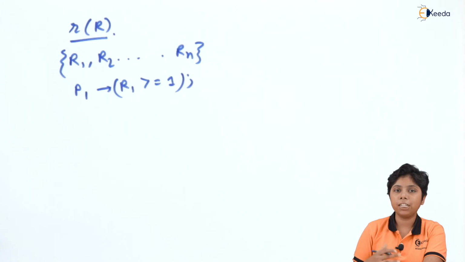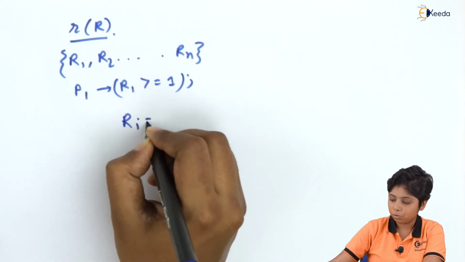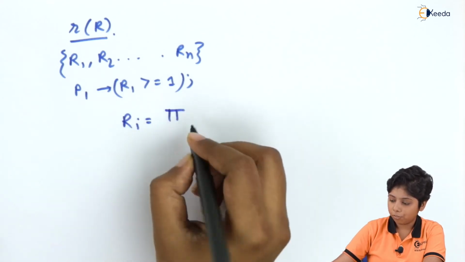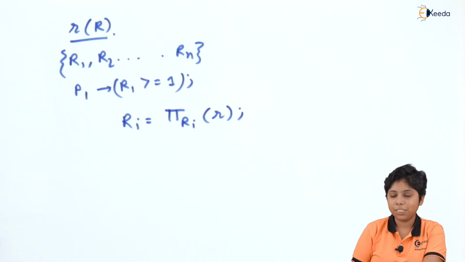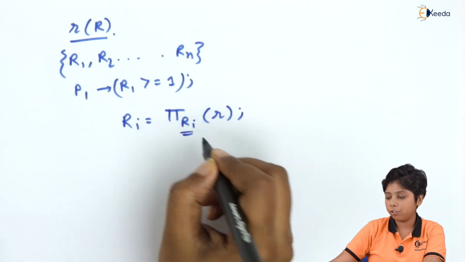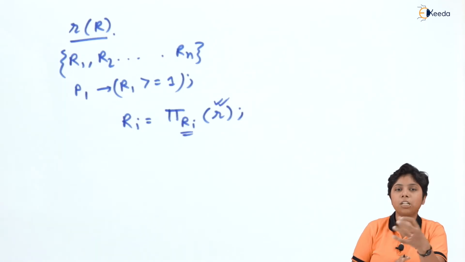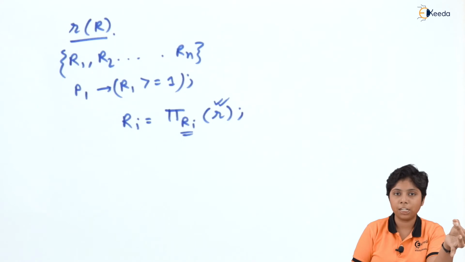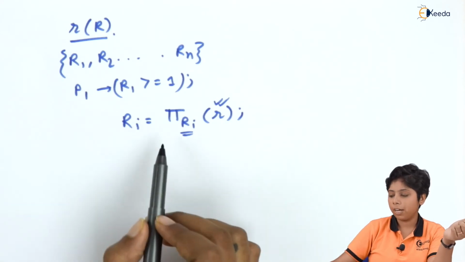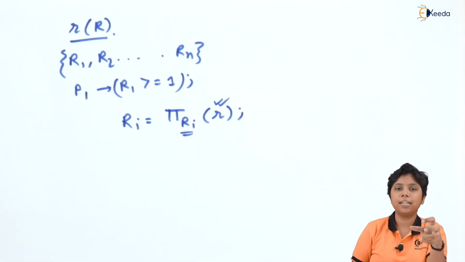Inside the vertical fragmentation we can have the general rule that is defined as Ri equals projection of Ri on R. That means we are projecting the particular attributes on this relation. So we can have a combination of selection and projection, as well as horizontal and vertical fragmentation, and also we can have only this projection as the vertical fragmentation.